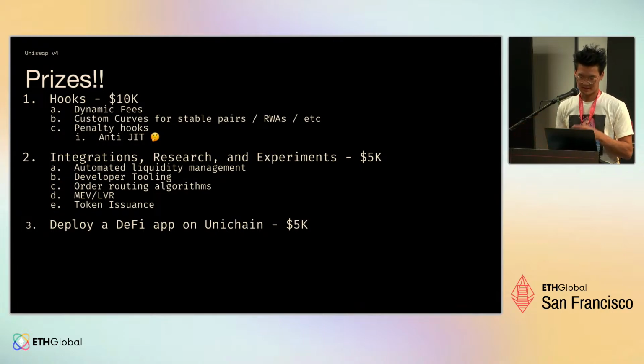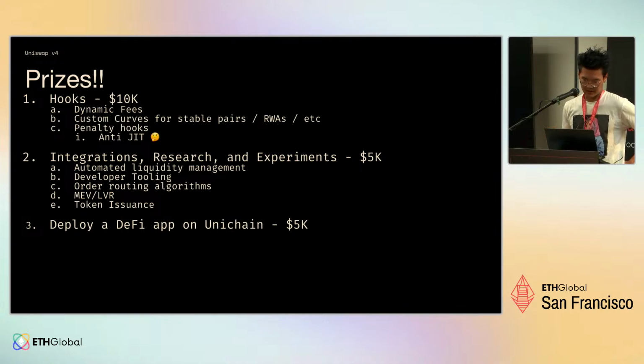So this is stable pairs, RWAs, you could say meme coins as well. And there's an idea called penalty hooks where, with the custom accounting mechanism, you can charge penalties if people are misbehaving in your hook, like doing just-in-time liquidity, you can sort of penalize those.